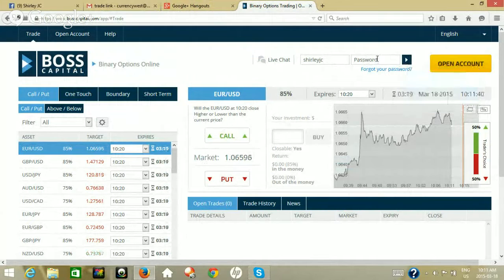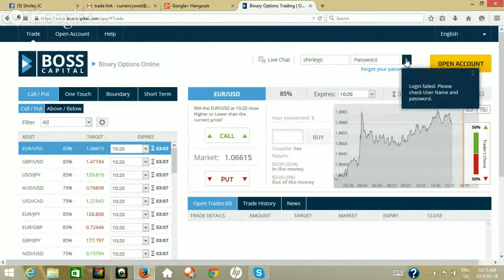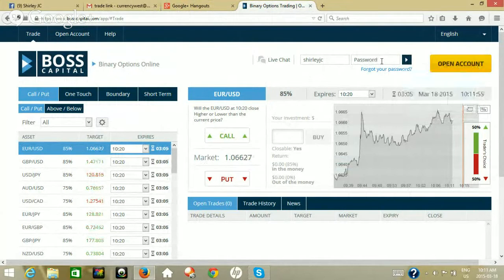Login failed. Why is that? Why did it fail? That's the password that you set up, your username and password.